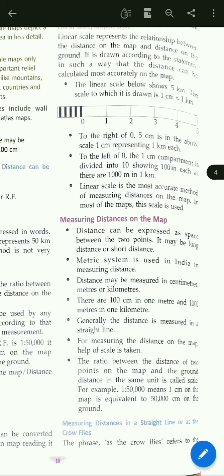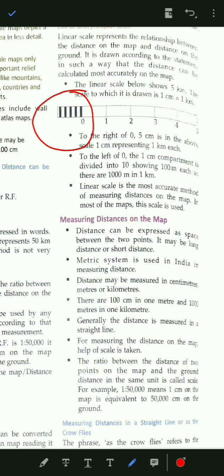And to the left of the 0, the 1 centimeter compartment is divided into 10 parts, showing 100 meter each, because there are 1000 meter in 1 kilometer. Okay student.